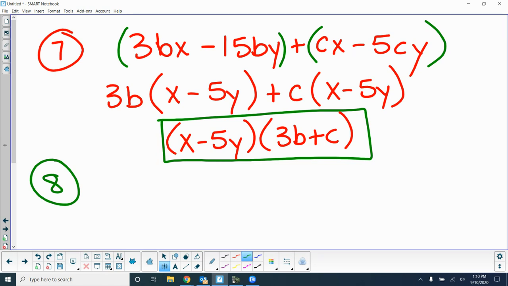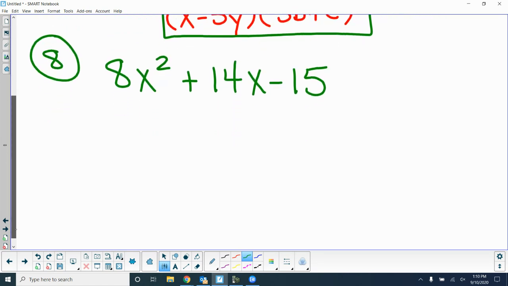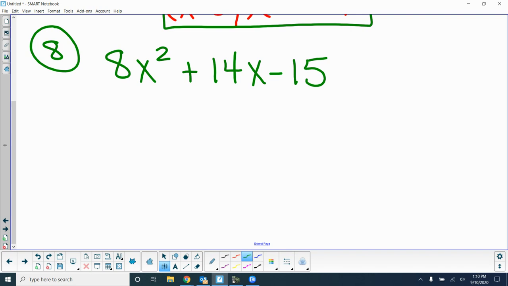Okay. Number 8, it's like the first one. We got three terms, trinomial. Is there a GCF? No, there isn't, right? So A is bigger than 1. And these are not both positive perfect squares, so it's one of those regular trinomials, and I got to multiply. So Ashton, what is 8 times negative 15? Good.